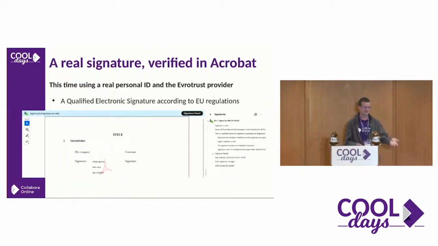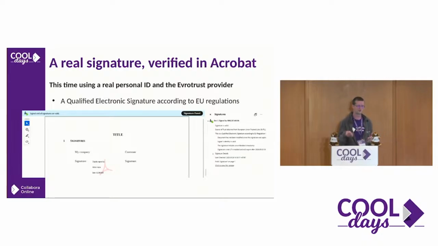This is some other provider where there are a number of providers which accept personal IDs or passports from any country in the EU, or also a British passport. So this is one test document where the document is just a test one, but this is a real signature.